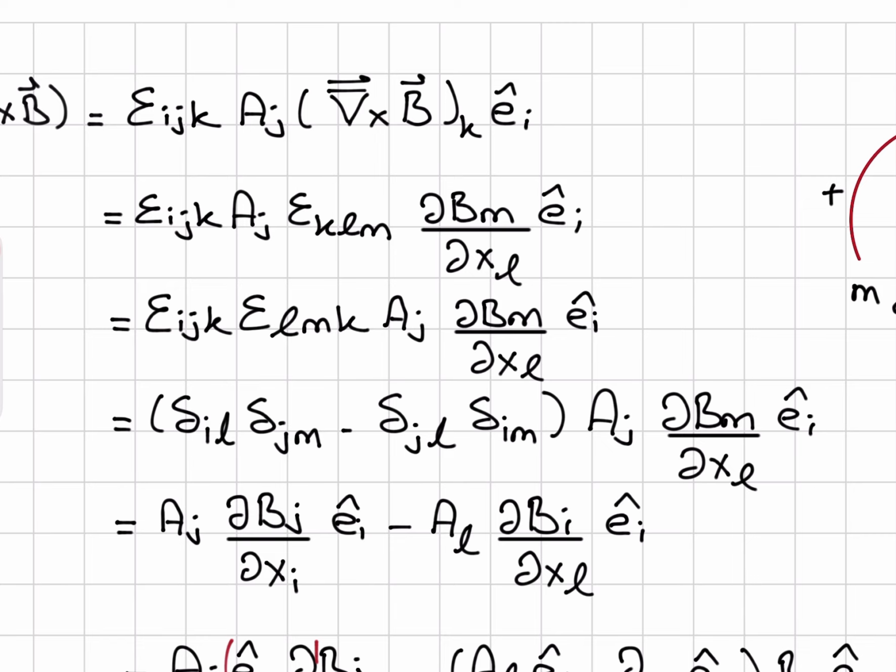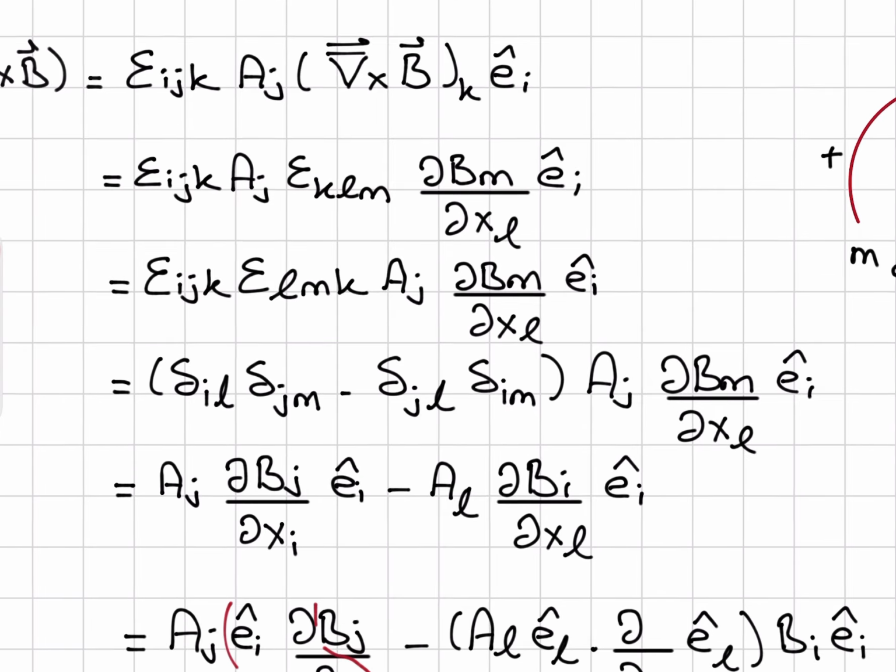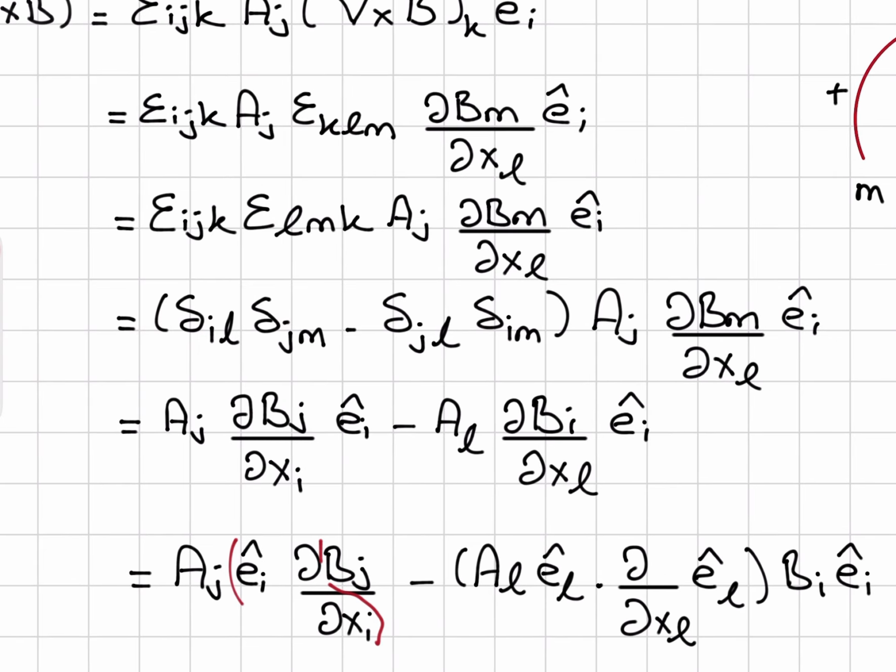And I can use the Levi-Civita identity: epsilon_ijk epsilon_lmk is Kronecker delta il, Kronecker delta jm, first, seconds, minus inners jl, outers im. Then I set l equal to i, so that's what I have here, and m equal to j, that's what I have here, A_j del B_j del x_i e_i hat, and here I set j equal to l, and m equal to i, del x_l e_i hat.